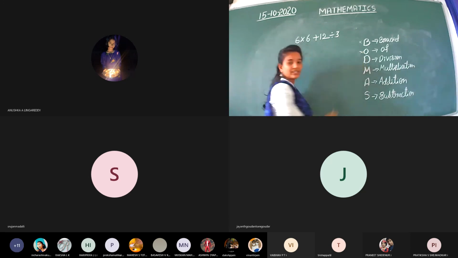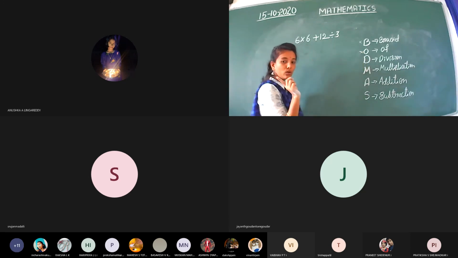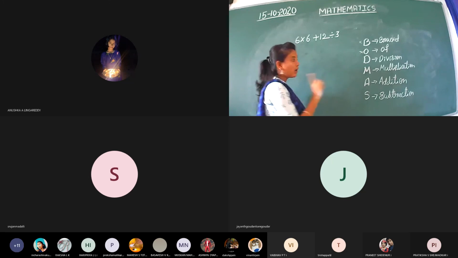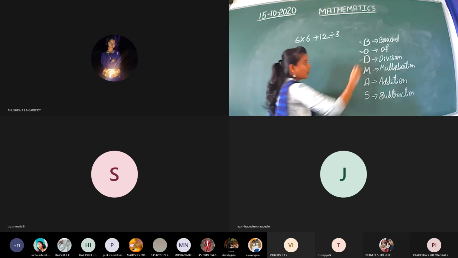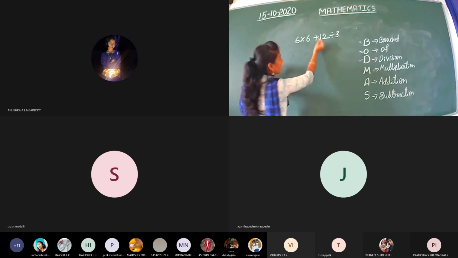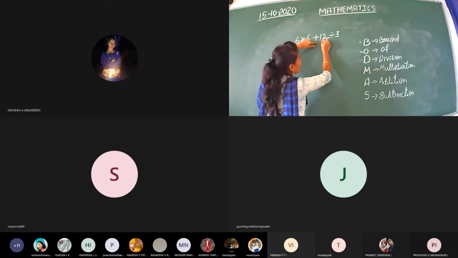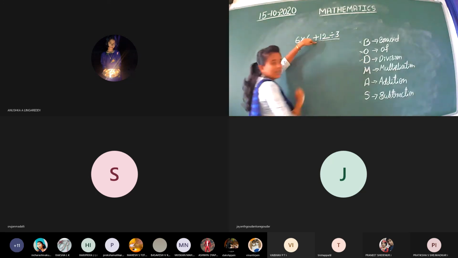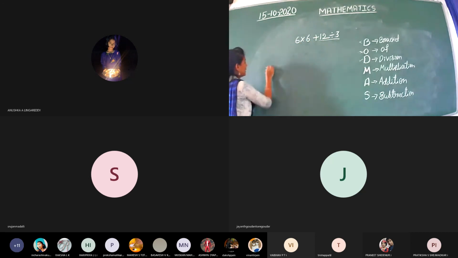D means division. By using the rule of BODMAS, first we always do division. See here, division is there: 12 divided by 3. 3 fours are 12.